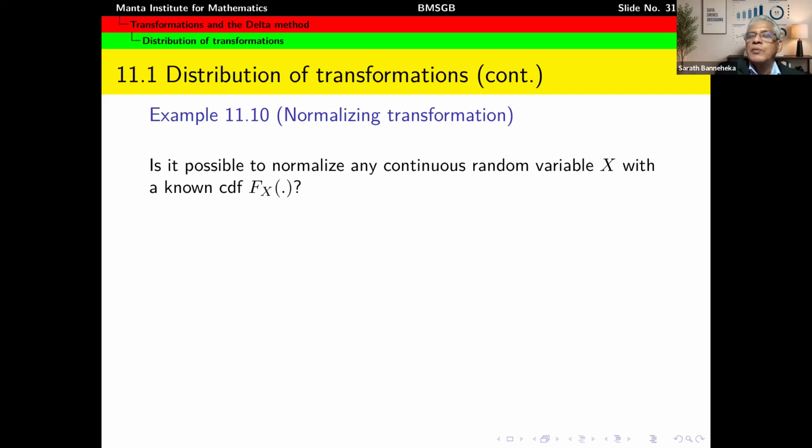Suppose you have some data coming from some distribution of X. Suppose you want to convert these data into normal data, to normalize the data in the variable X. You already have some data from a random variable X, and you want to convert them into normal data. We call it normalizing. So how can we do that?